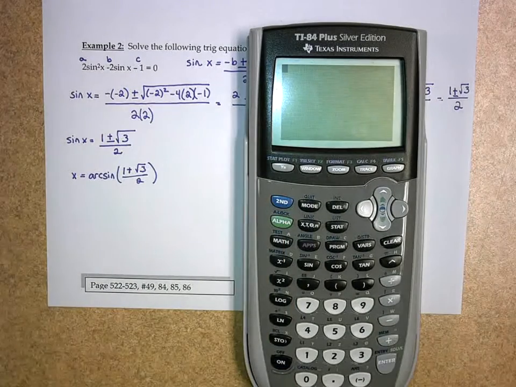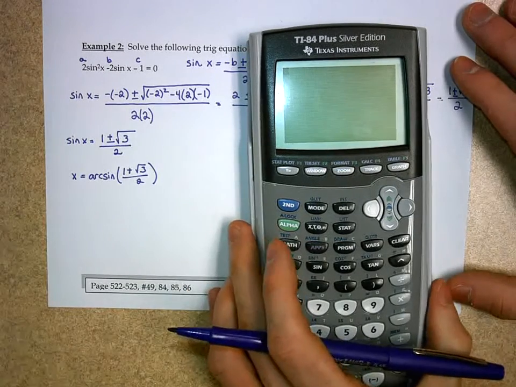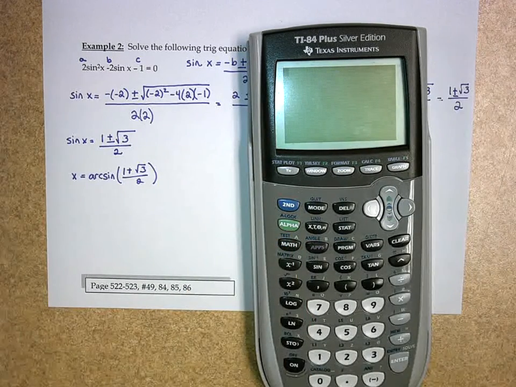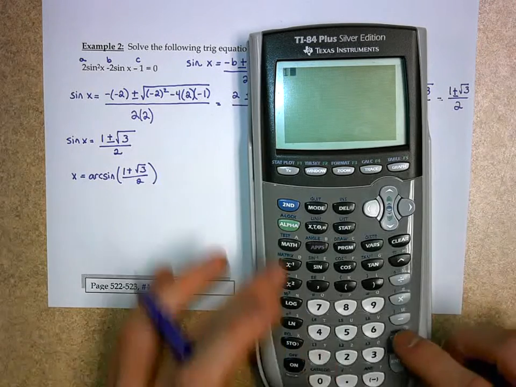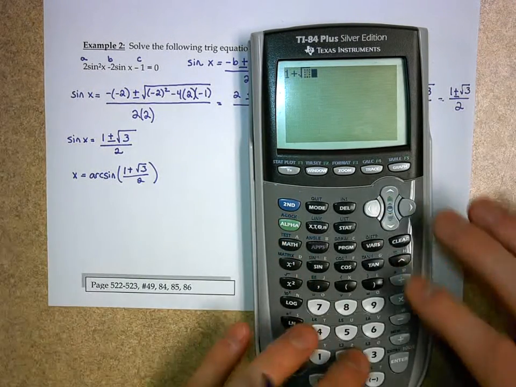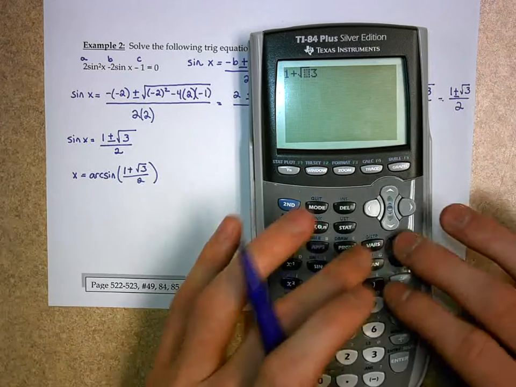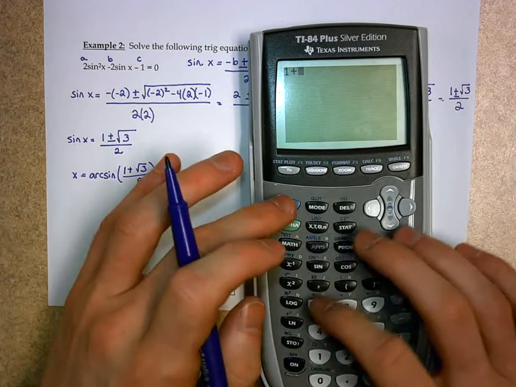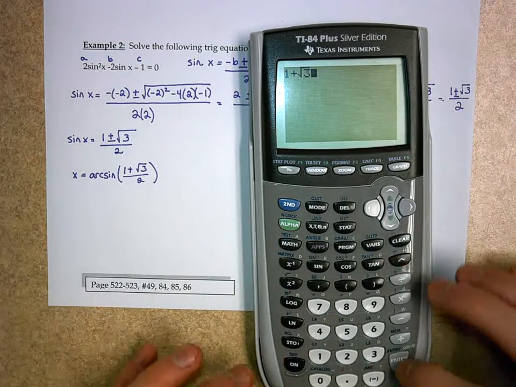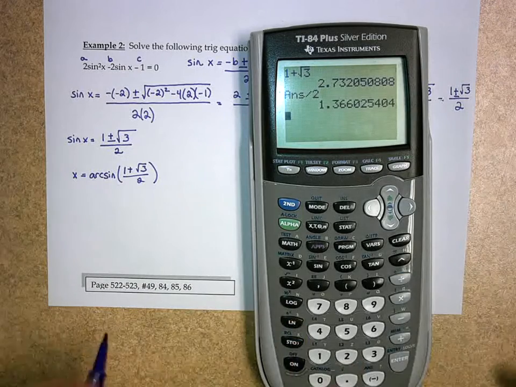We'll go to our calculator. And in order to avoid some issues with our entry into the calculator, we could convert this to a decimal. So we could say 1 plus the square root of 3. Let's type that in again. 1 plus the square root of 3 and divide that by 2.